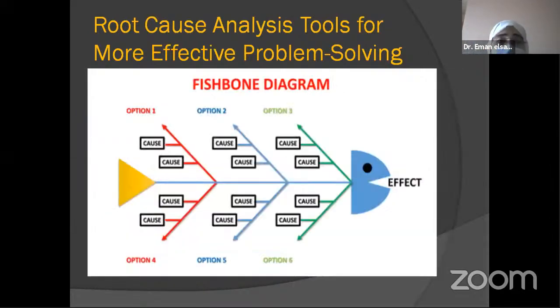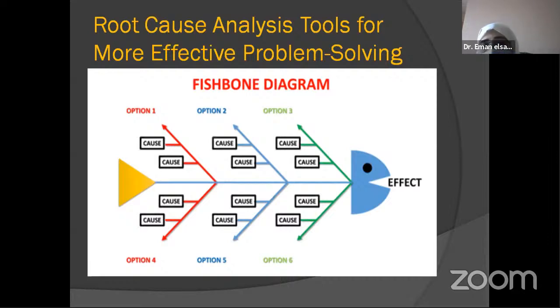Fishbone, or cause-effect diagram, or Ishikawa diagram. This is in your picture. This is the diagram for Ishikawa, or cause factor diagram, or fishbone. It must be like this.